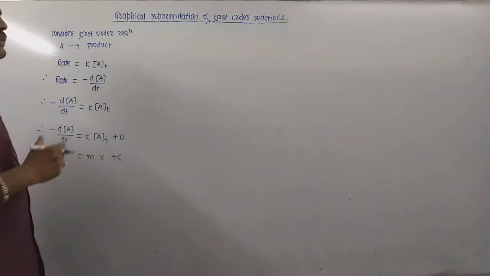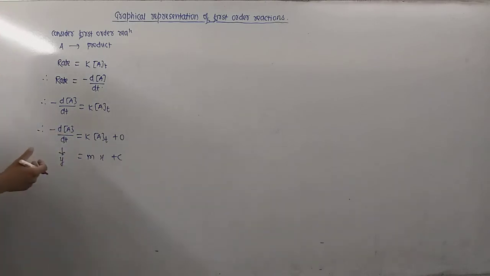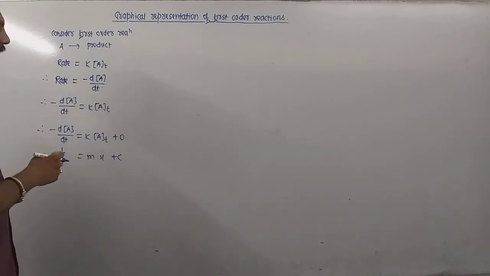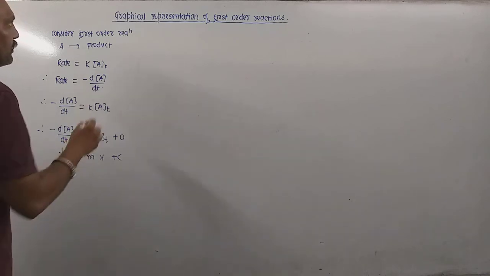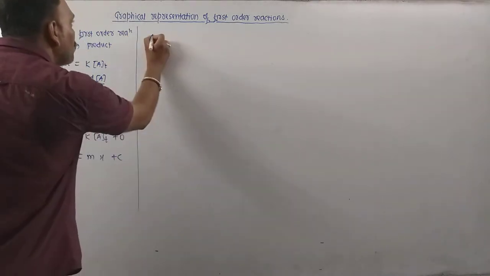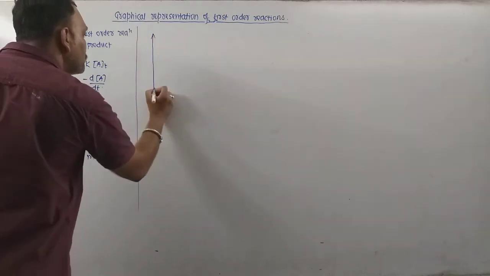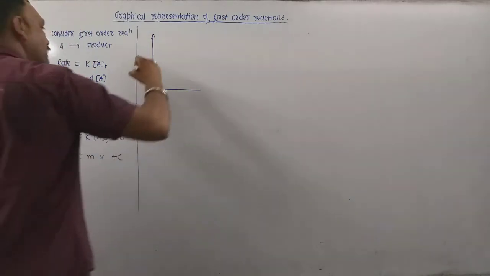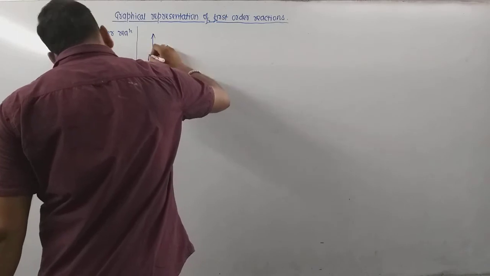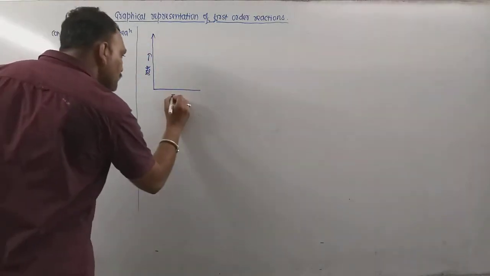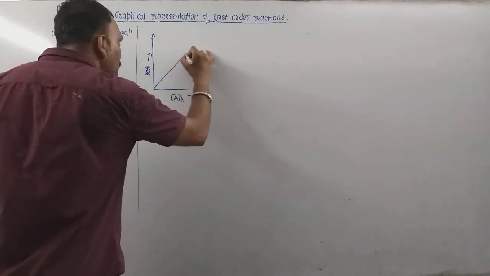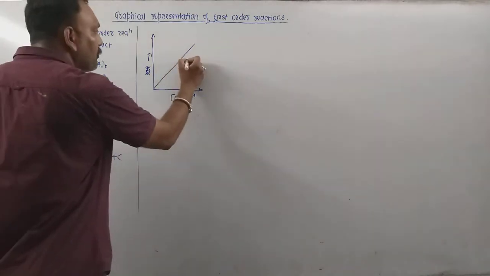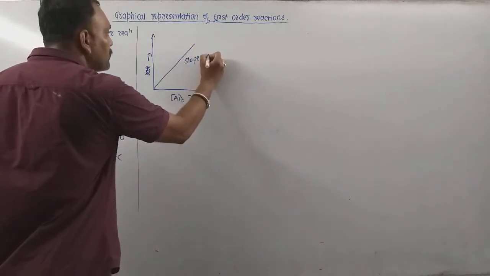So when we plot the rate against the concentration of A at t, we get a straight line passing through origin, for which the slope comes out as k.